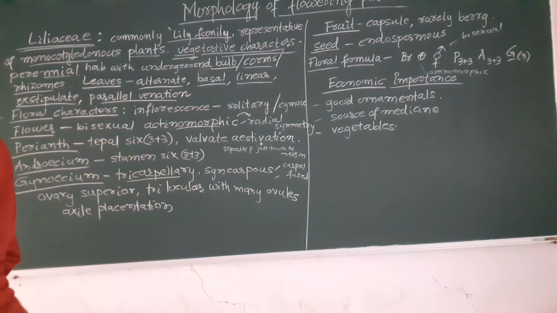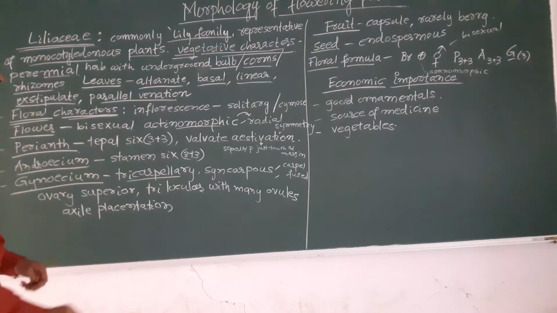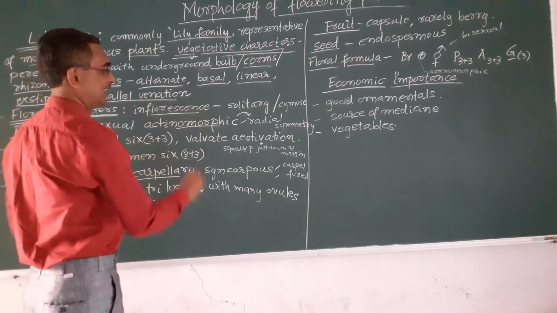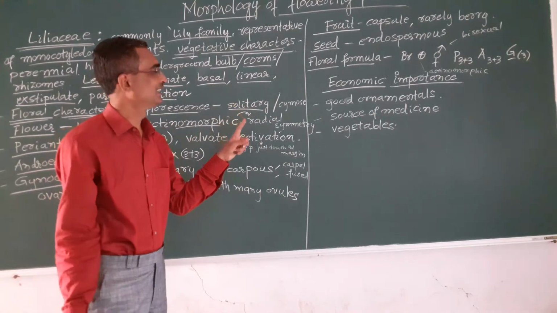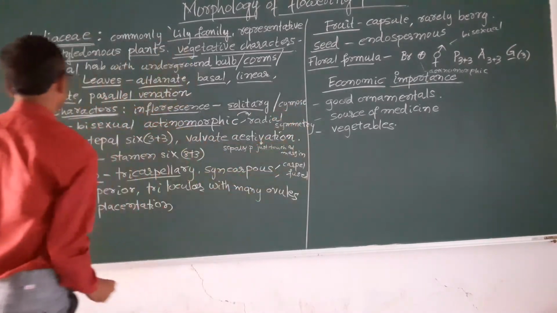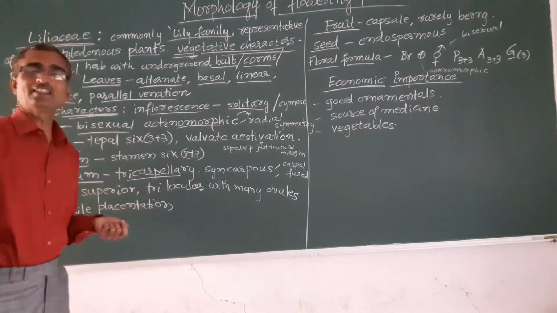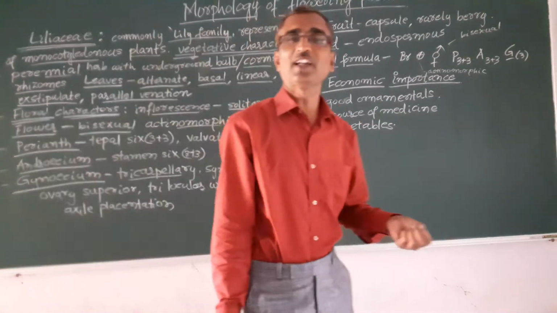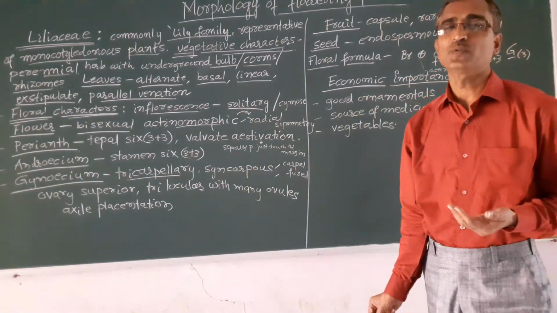Next, let us consider the floral characters. The inflorescence is solitary in nature. Solitary means single, and it is cymose, and the flower is bisexual. That means both androecium and gynoecium are present, that is, male and female reproductive parts are present.